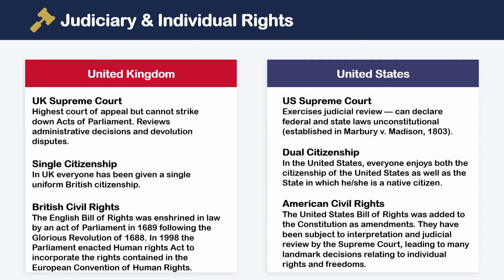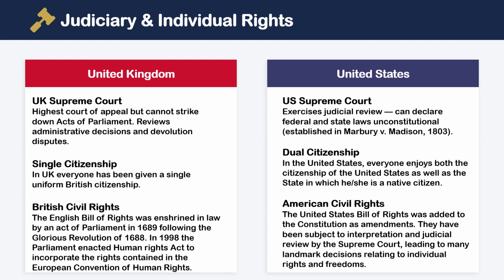This power of judicial review was established by the Marbury versus Madison legal case, in which on February 24th, 1803, the US Supreme Court first declared an act of the Congress unconstitutional, thus establishing the doctrine of judicial review.